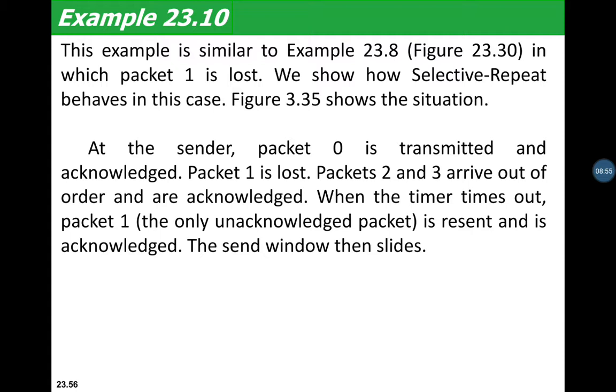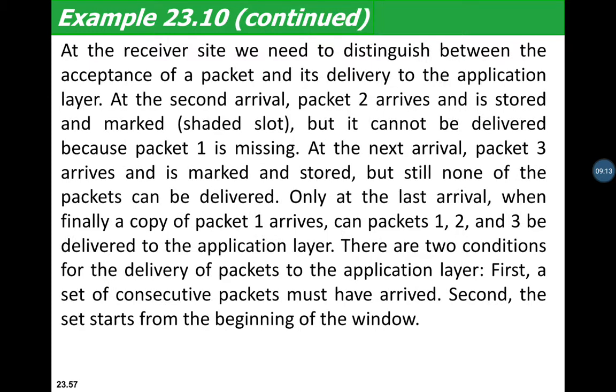When the timer times out, packet 1 is resent. It is the only unacknowledged packet and it is acknowledged and the send window slides. The difference in the go back N was that all the packets were made to be resent.